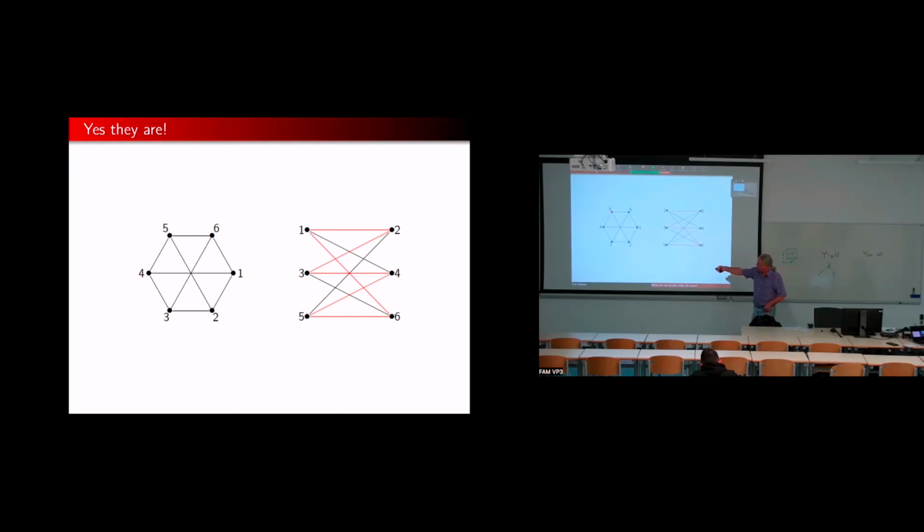Normally, given my brain, I would start right there with 1. But this time I wanted to deliberately start somewhere else to let you know that it doesn't really matter. It's a cycle. You can start it anywhere you like. And so I labeled it 1, 2, 3, 4, 5, 6. And then on the right-hand side, I labeled in the order that I found the 6-cycle: 1, 2, 3, 4, 5, 6, and then back to 1.